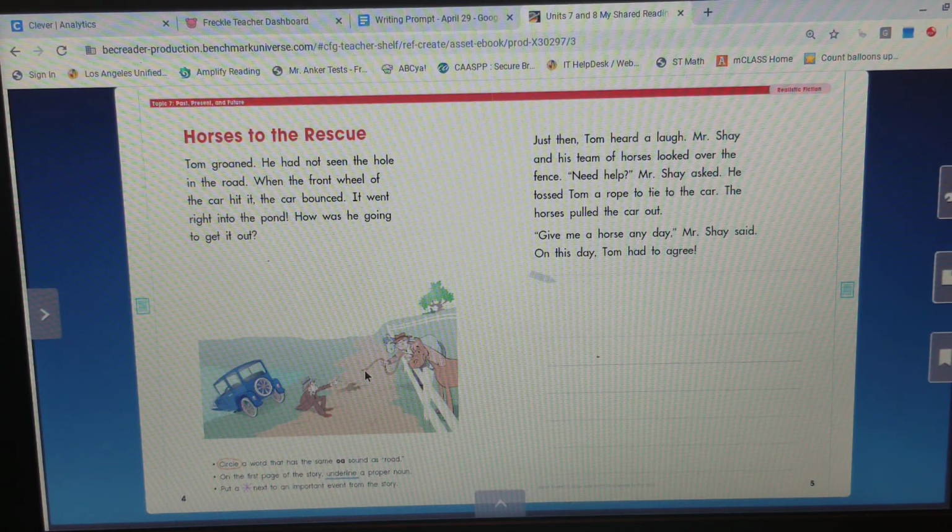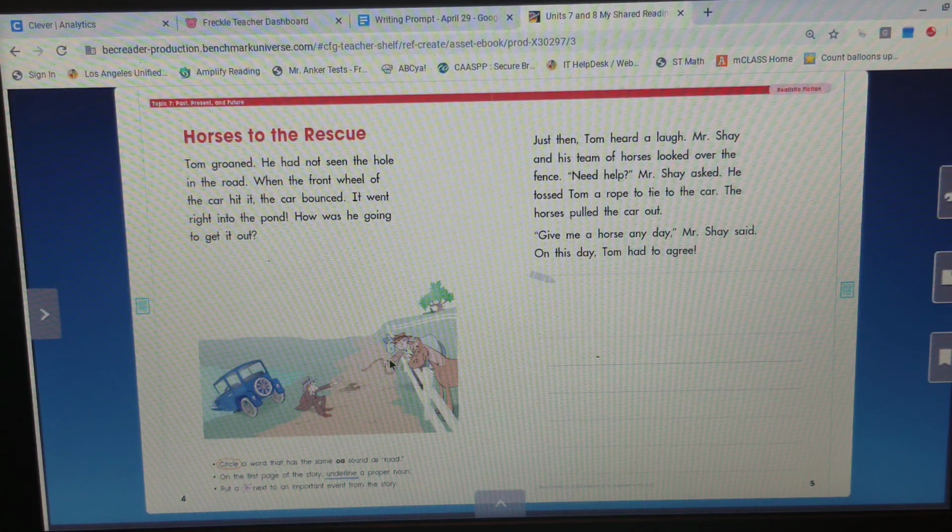They had to rescue this man. His name is Tom. And remember in the story, it said that this man, Mr. Shea, tied the rope to the car and had the horses pull the car out of the water.